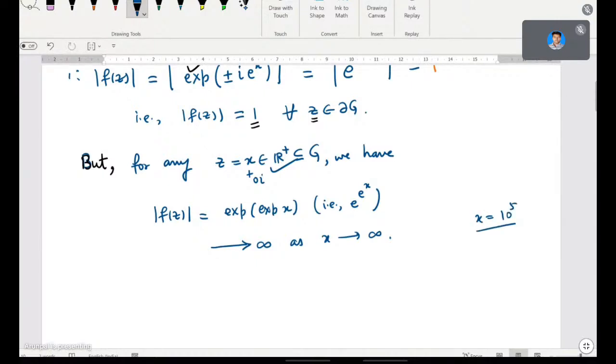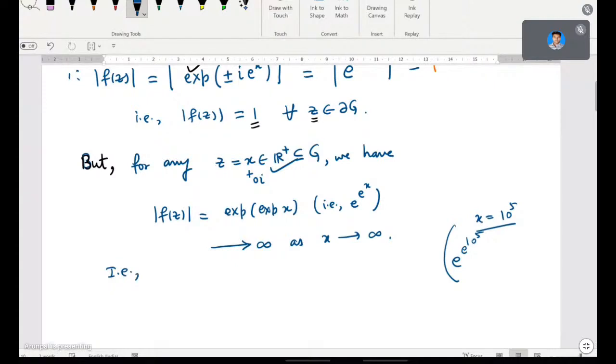I doubt if any computer will be able to calculate it. Am I right? Those who have knowledge about computer programming, they may tell me whether a computer will be able to compute it or not. It will explode, right?